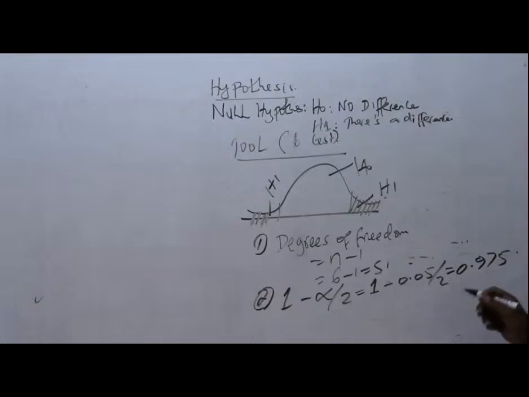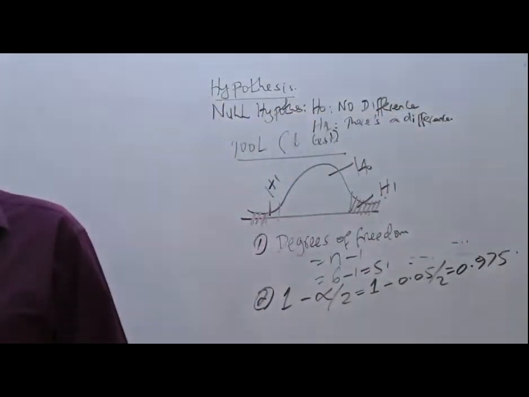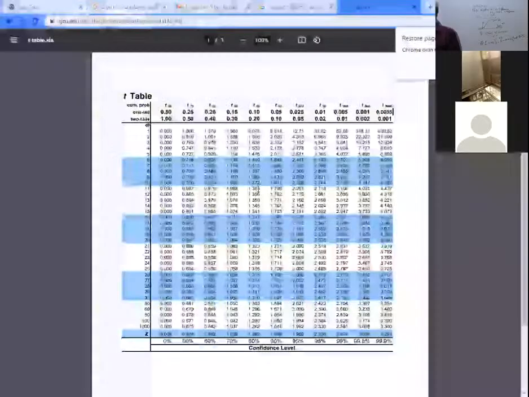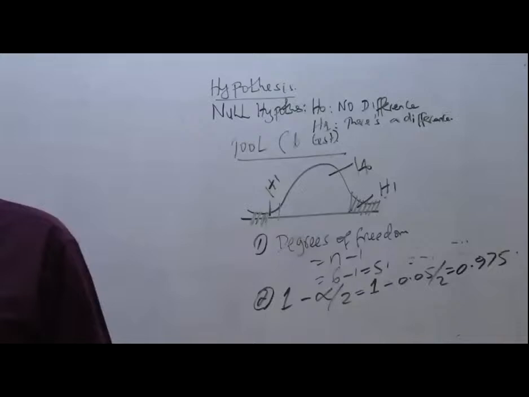Could you kindly go ahead now to your tables and read for me the T critical, given those 2 things. The T critical here will be, because now we are talking over 0.975, it is here, the 5th one, 2.571.